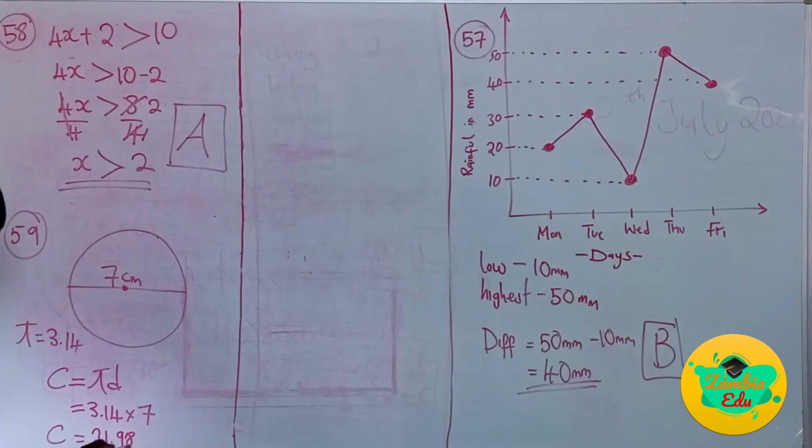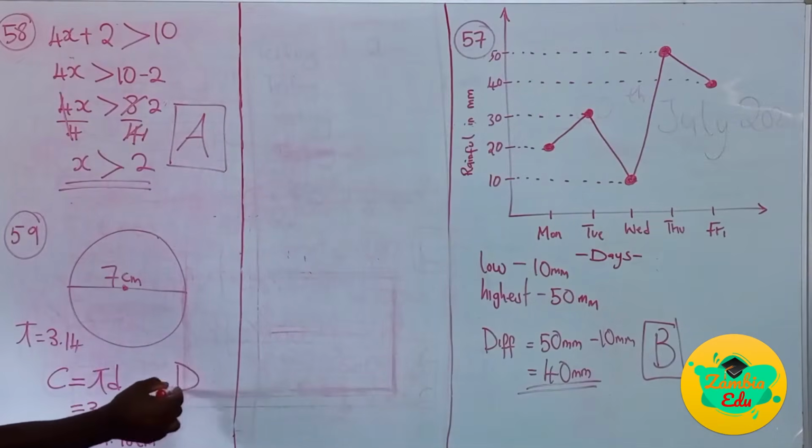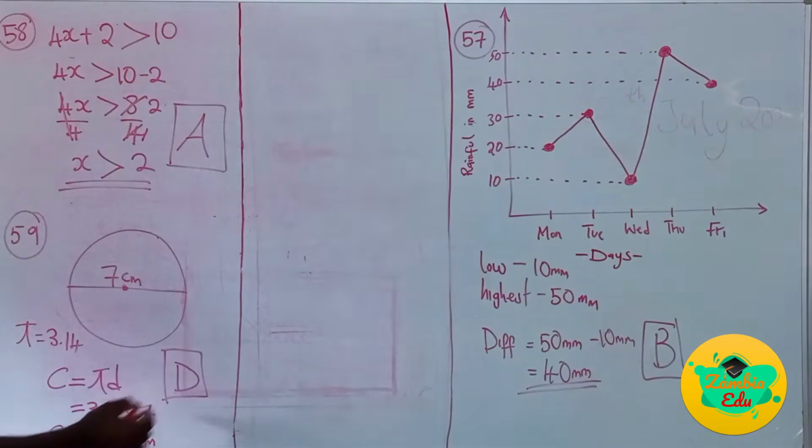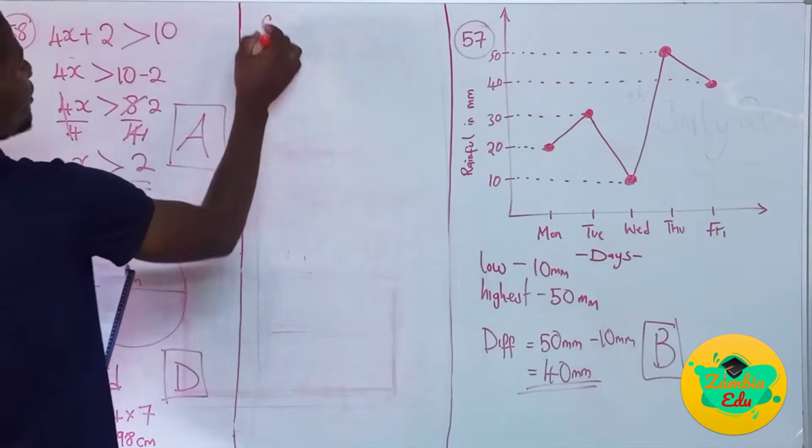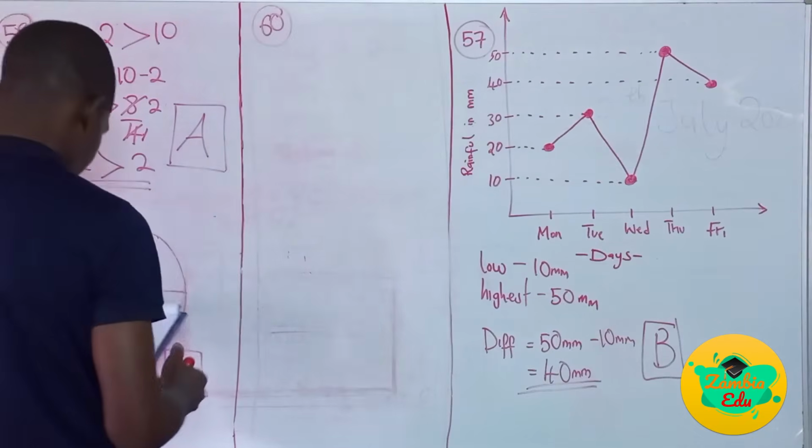Circumference is equal to 21.98 centimeters, which was represented by option D. That was option D. And finally, we do our last question and we finish.